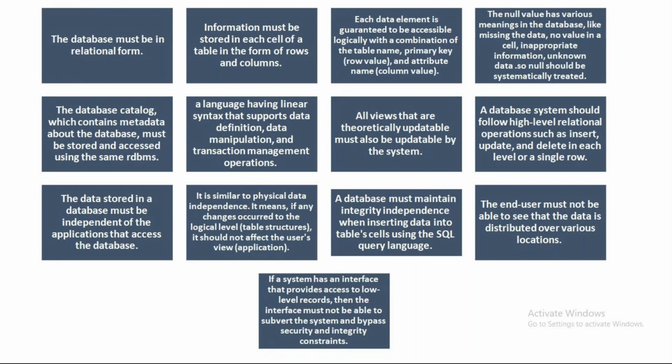Second rule. Now, each data element is guaranteed to be accessible logically with the combination of table name, primary key, and the attribute. Oh my god, I will not remember this much. I will remember only one line. What I understood is that if you want to access the data, logically or physically, anything is fine, you are going to access the data by using the table name.